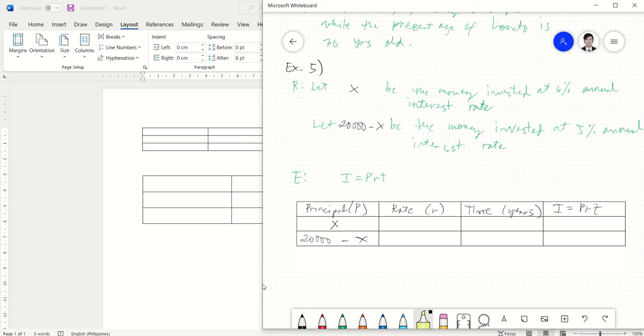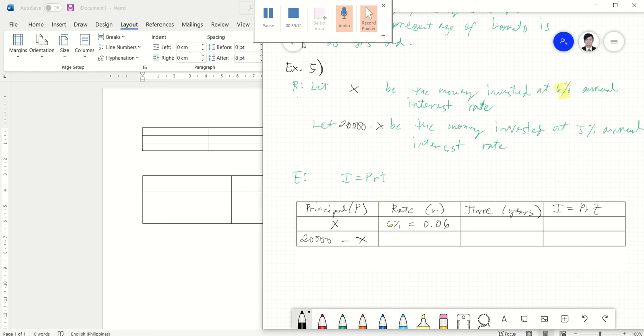That would be 6%. Pero i-convert natin siya into decimal. So, 0.06. And then dito naman, 20,000 minus X, 5%, which is 0.05.